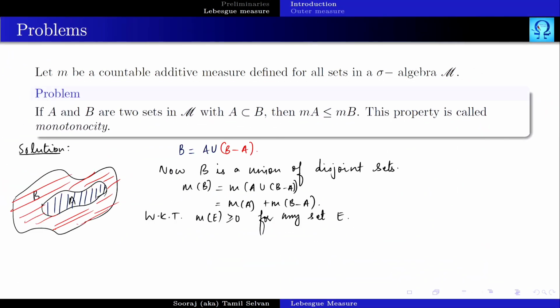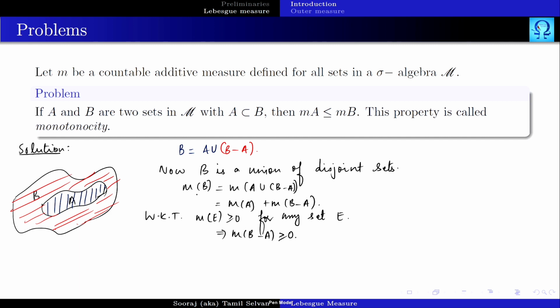So it is always bigger than or equal to 0. So this quantity is always bigger than or equal to 0. We are going to replace this, so M of B we have, and we'll just make use of this. Once you make use of this, everything is over.